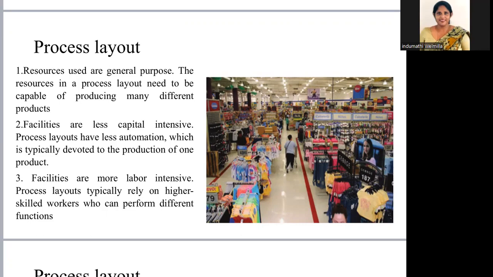Service facilities like hospitals provide a good example for the process-based or functional layout. We know the wards and the departments provide specific medical care, like the surgery ward looks after the surgery cases, and another ward provides care to maternity, and likewise.